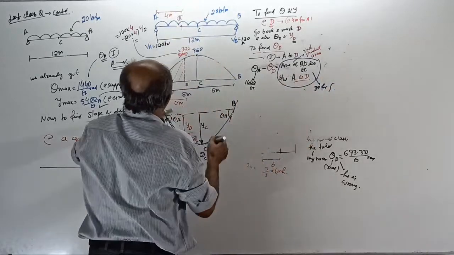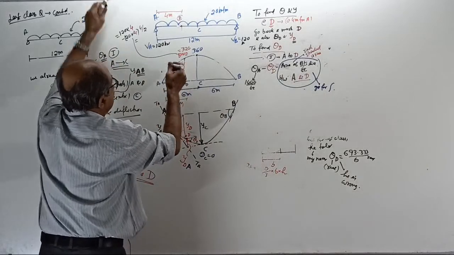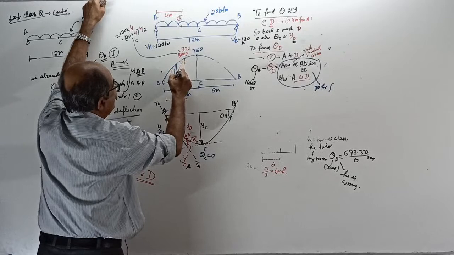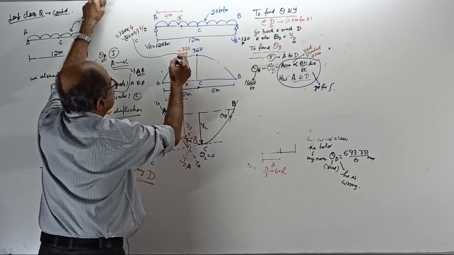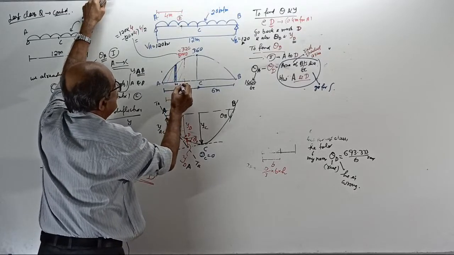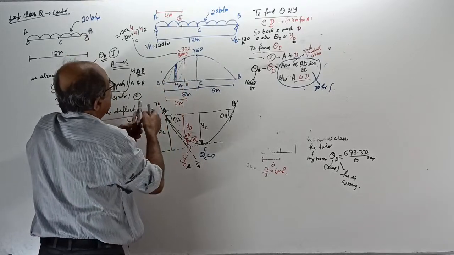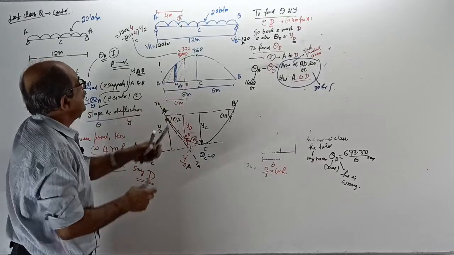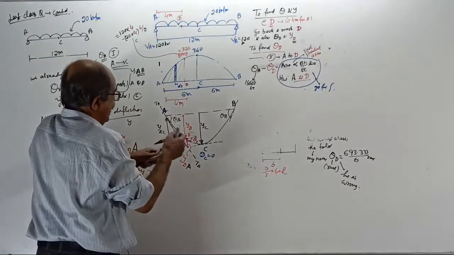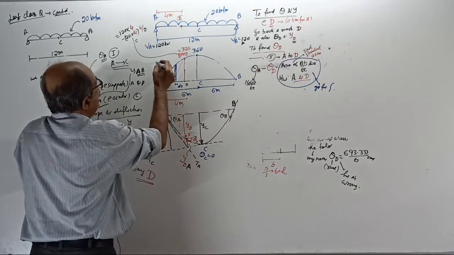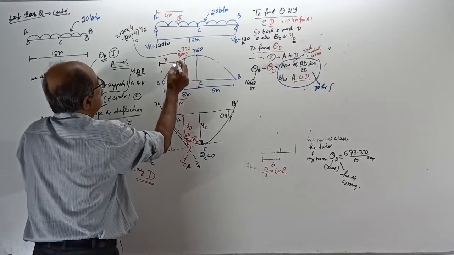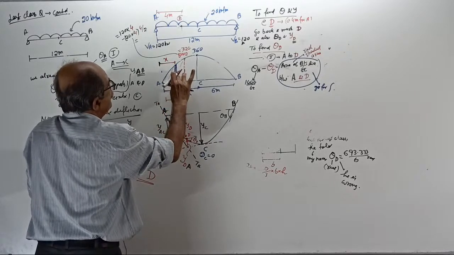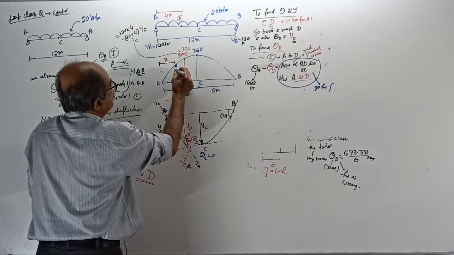How? Within the strip, you consider an elemental strip, a small strip here. See, the thickness is dx, wherever you write, thickness is dx. At x from here, where do you take x from? Don't take x from D. If you take x from D, a problem will come later. See, you take x from here. This is the bending moment at the point x.